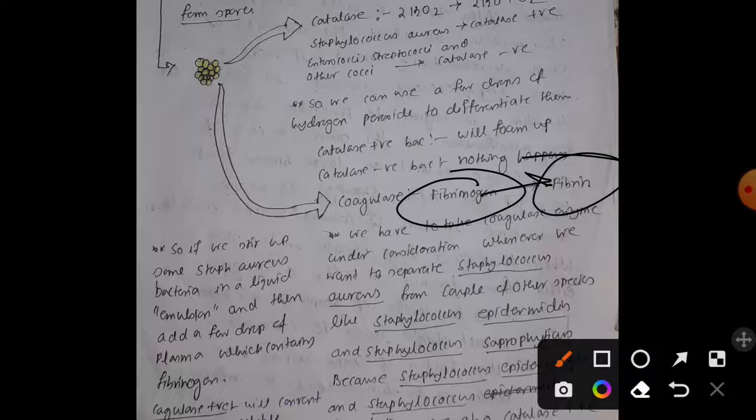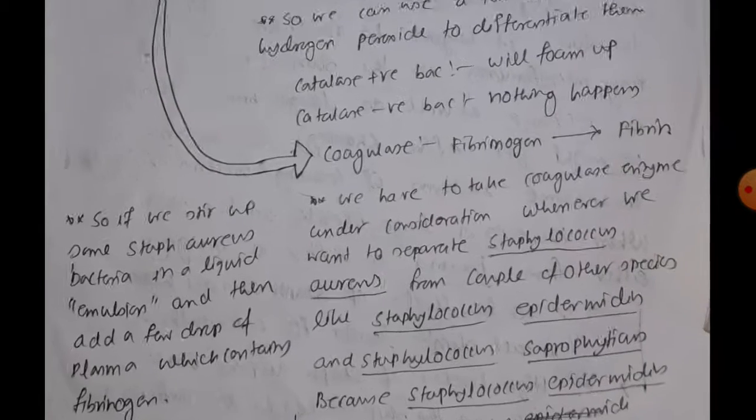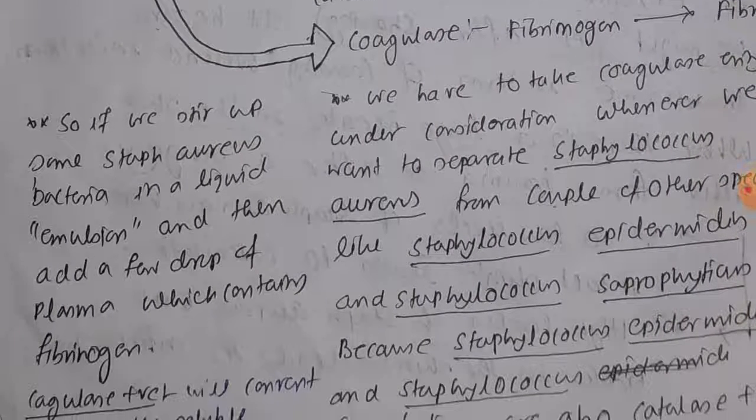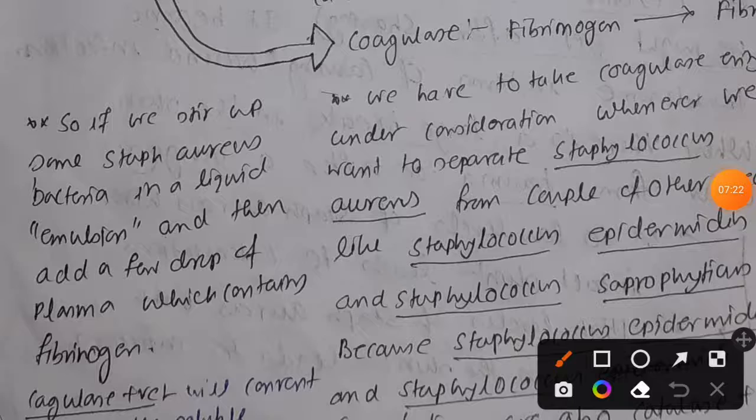Now think about this: if you stir Staphylococcus bacteria in a liquid emulsion and then add plasma, which contains fibrinogen, you can get two situations. In the case of Staphylococcus aureus, you will get clump formation, and in the case of other Staphylococcus bacteria, clump formation will not occur.